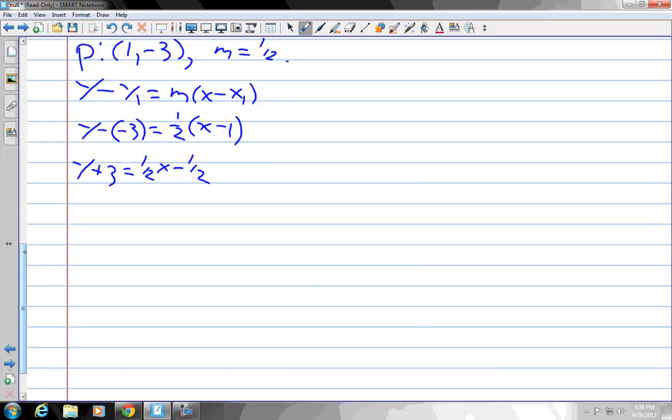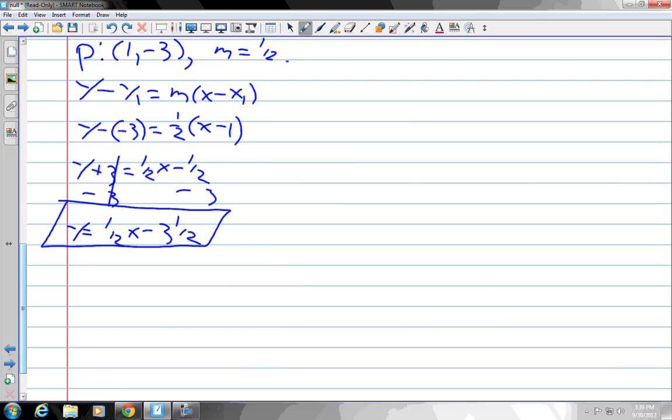So subtract 3 from both sides. So 1/2 x minus 3/2. Not 3/2, 3 1/2. Is that okay?